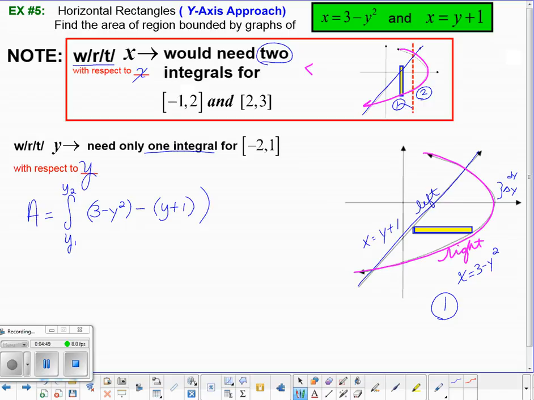And then we already talked about how the width of our rectangle is dy. Now what does this represent here? This actually represents the horizontal length of our rectangle, doesn't it? You can see it by the picture. If you think about when I put in some y value, maybe we're down here at y equals -2.